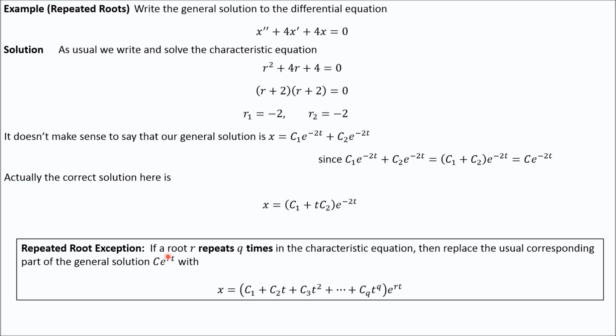If you have a root, r, and it repeats q times, in this case it repeated twice, but if it repeats q times in the characteristic equation, then you replace the corresponding part of the general solution. Instead of c e to the rt, you replace c with a polynomial of order q times e to the rt.